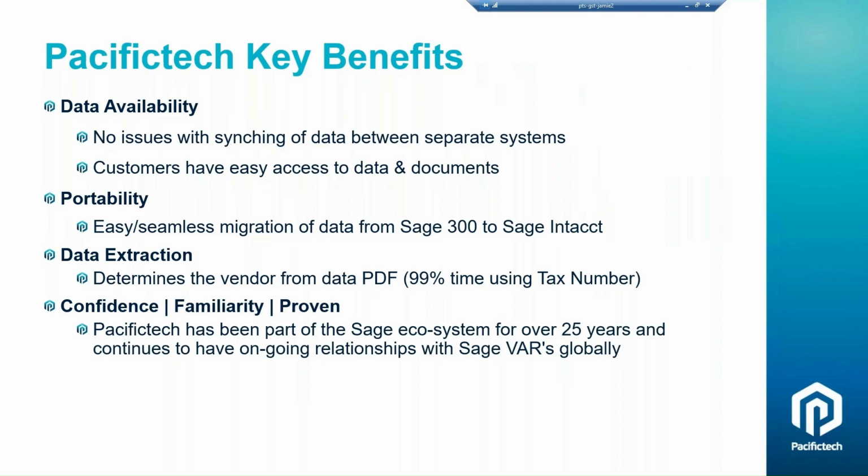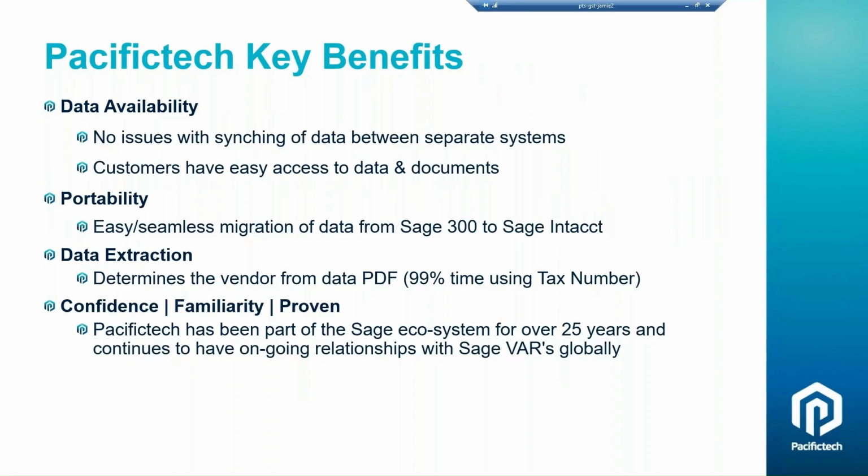Now, another one is portability. So if a customer is running Sage 300 and using our solutions, then it's very easy for them to migrate. They just keep using all of our procurement and approval processes, and also the data capture, automated data extraction.